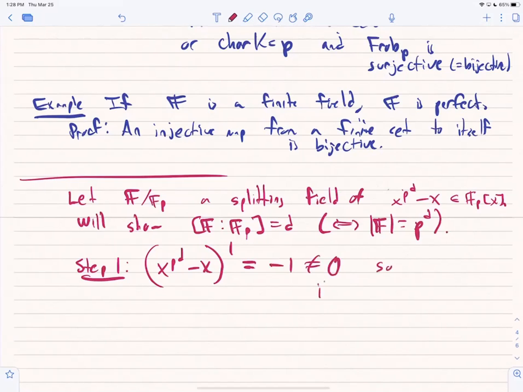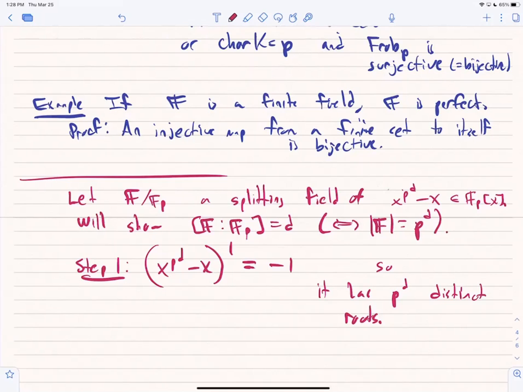So it has p^d distinct roots. Sorry, this derivative is -1.